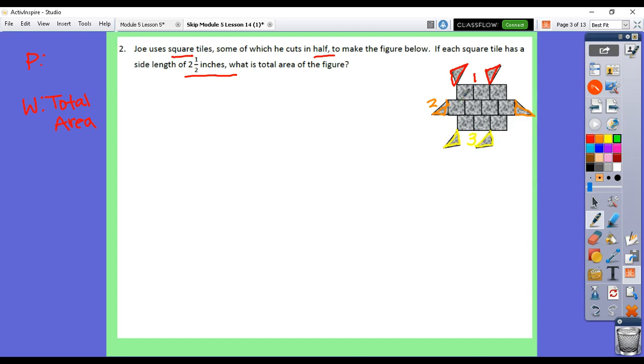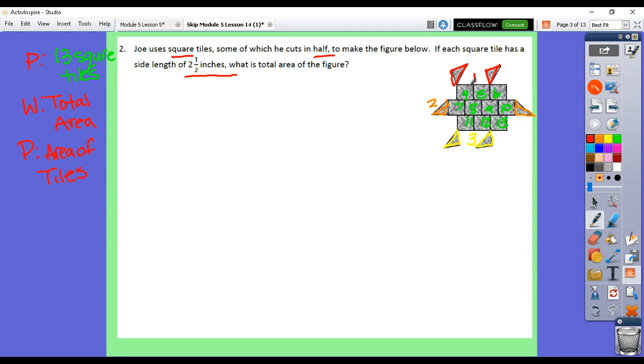But that's not it, because I also have a fourth one, fifth, 6, 7, 8, 9, 10, 11, 12, 13. So one of my parts is my 13 squares, or square tiles. But I also have another part because I don't know the area of the tiles.